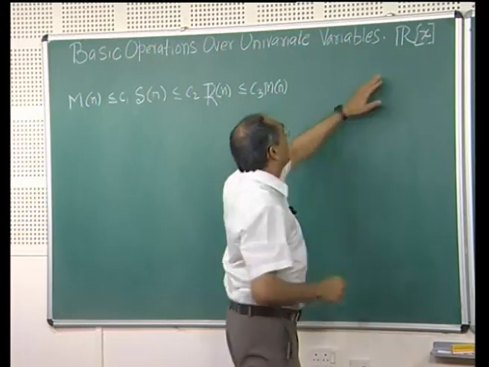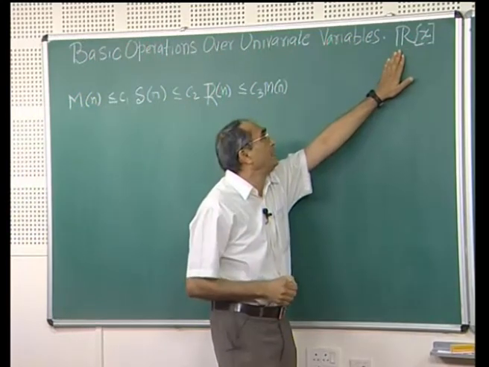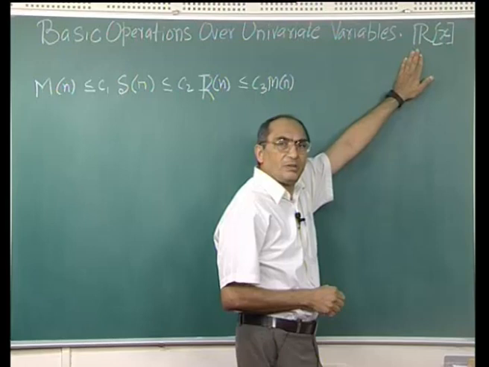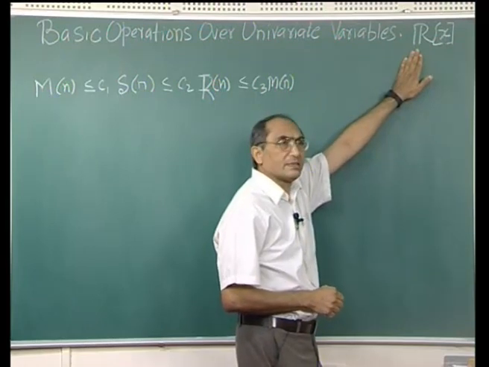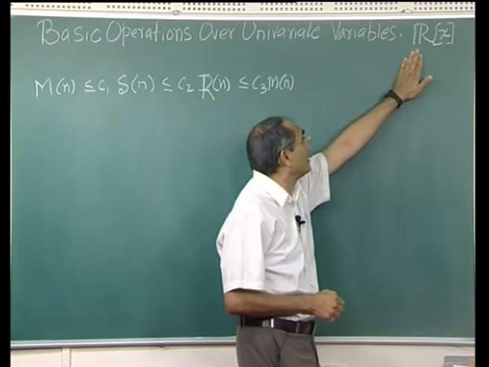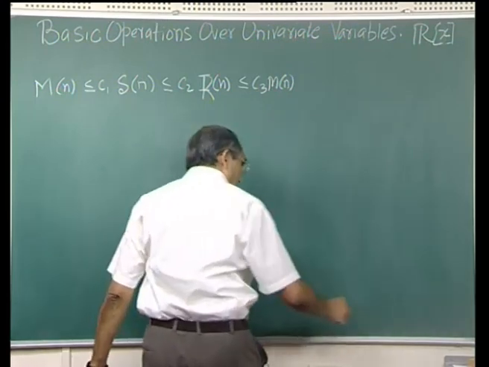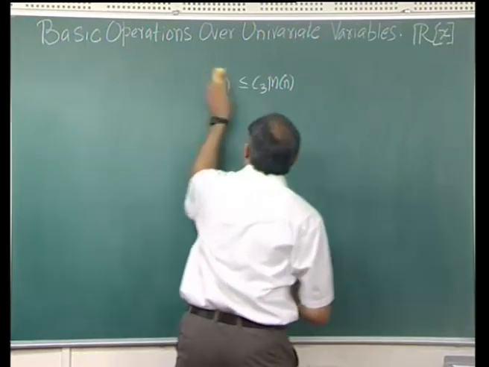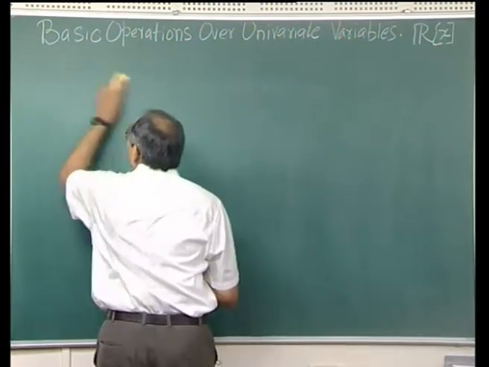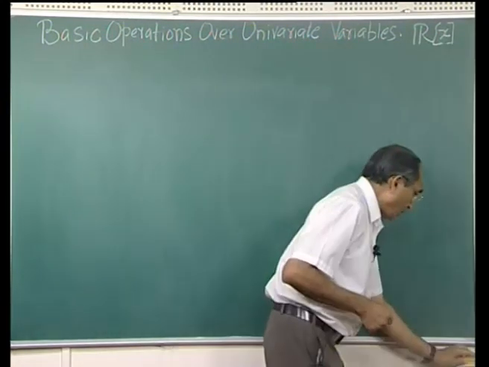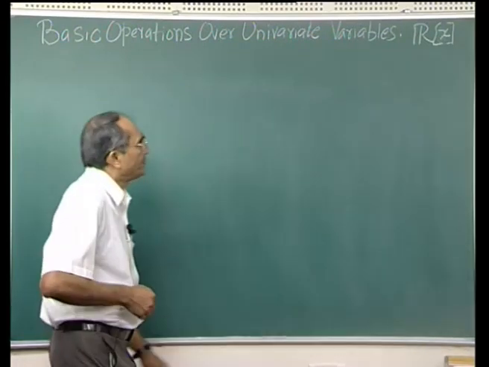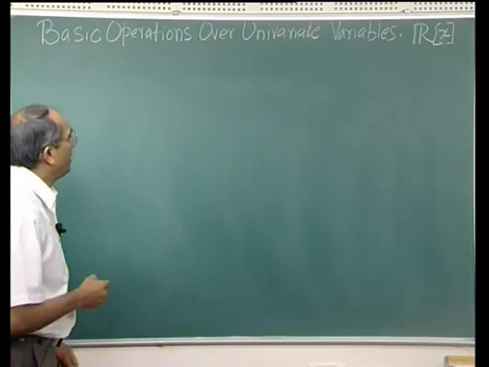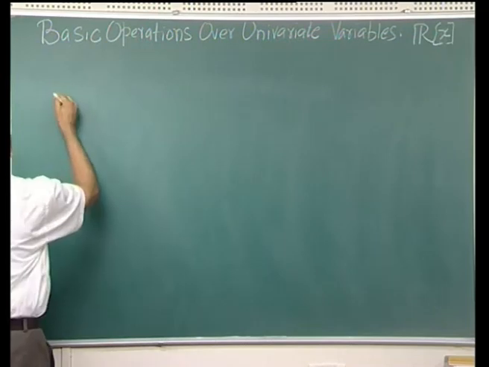Well, it could be any field really, as long as we assume that all basic field operations take constant, or order 1, time. So let us first of all observe that there is a very close relationship between the integer operations and the polynomial operations.